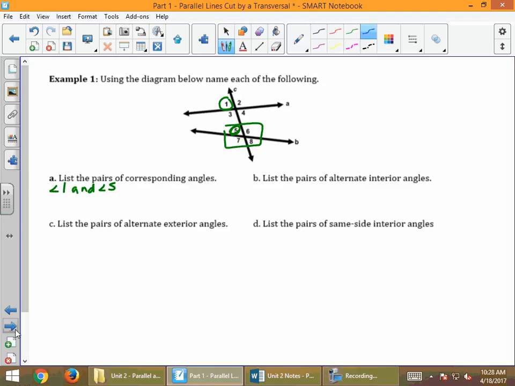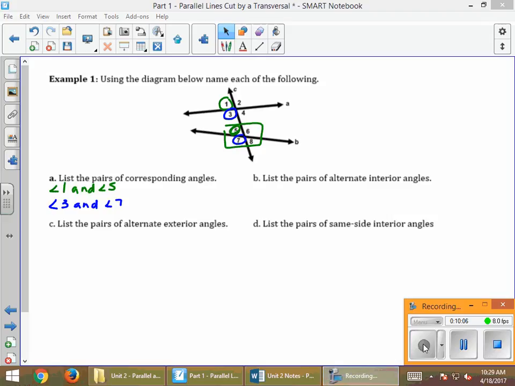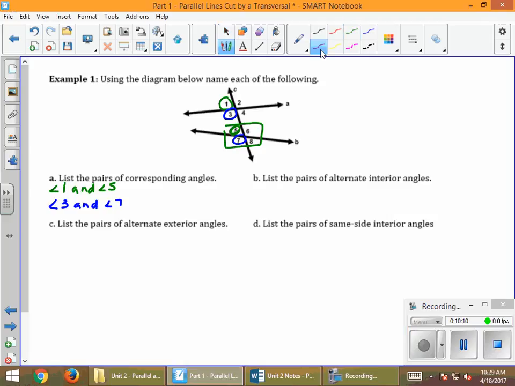Keep going around. Take a look at angle 3. Take a look at those bottom 4. Which one sits in the same corner as angle 3? And that is angle 7. They both sit in that same corner. So we would say angle 3 and angle 7. Okay. Let's look at our next angle. We have angle 2.